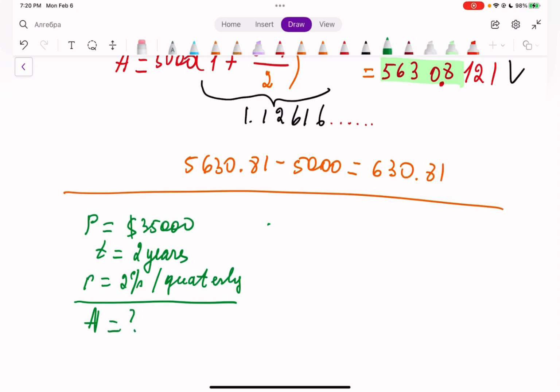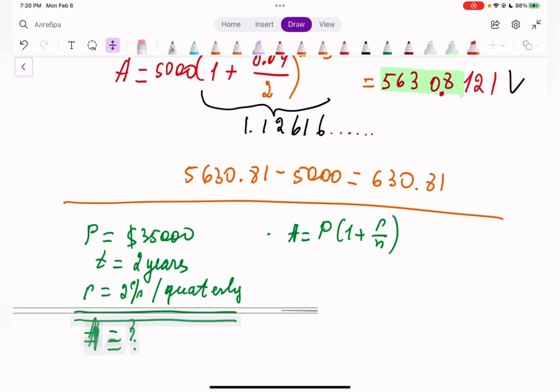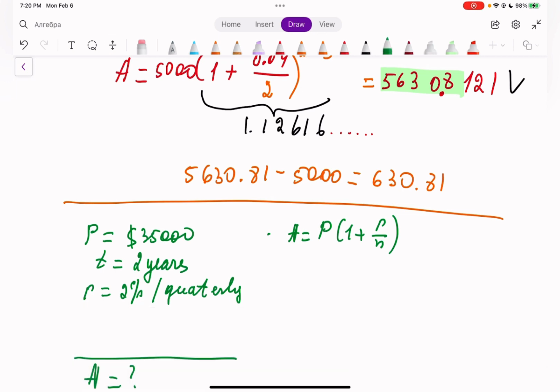Okay? So again, A is equal to P times 1 plus R over N, and when it says quarterly, what does that mean? 4 times, correct? Let me write it down here. 2%, and N is equal to 4, quarterly, every 3 months.